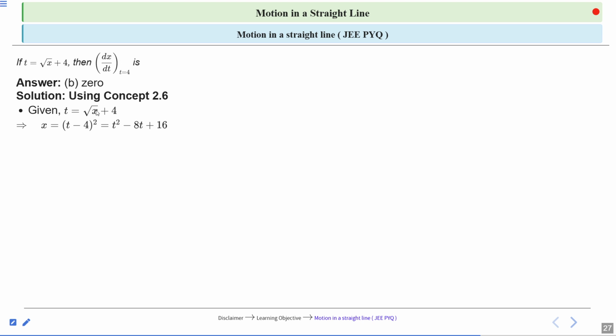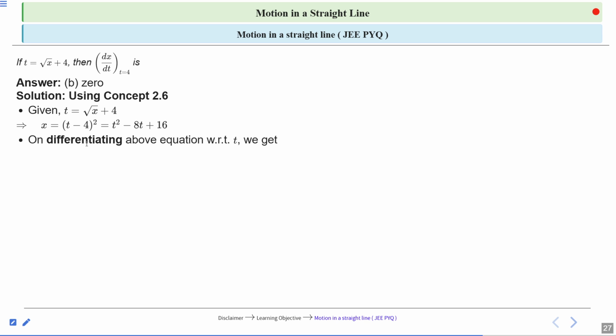So squaring both sides, you will get x is equal to t minus 4 whole square. So t minus 4 whole square is equal to t square minus 8t plus 16. Here we used the a minus b whole square formula.